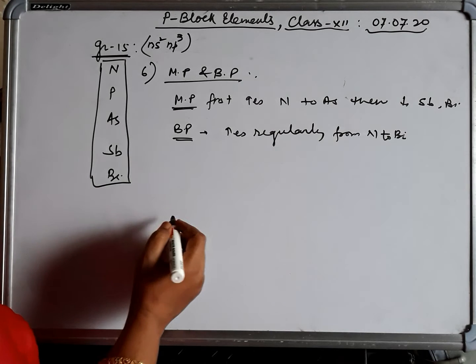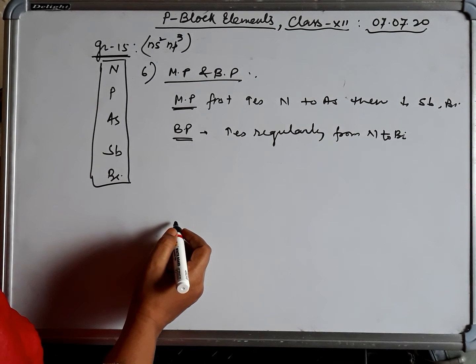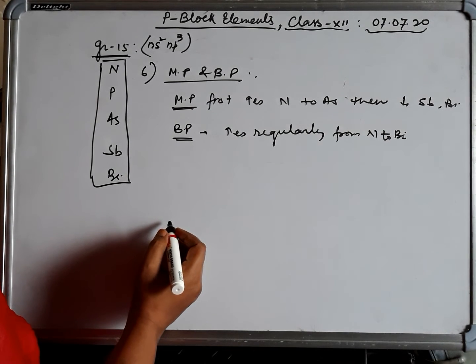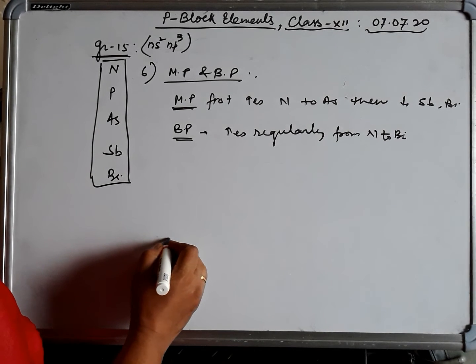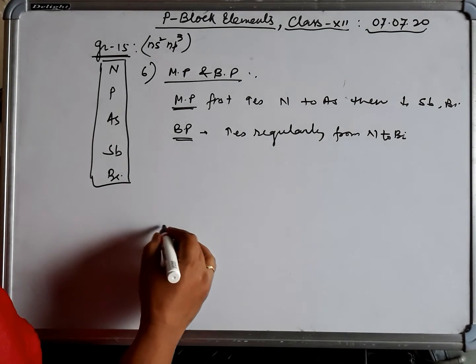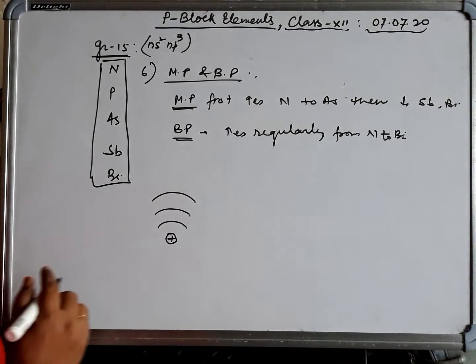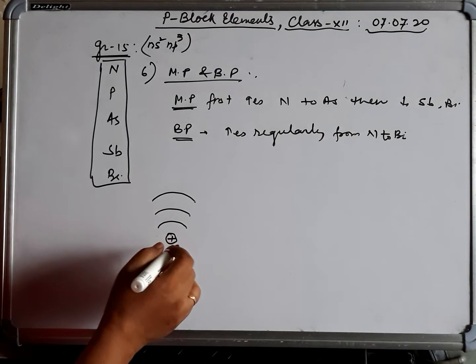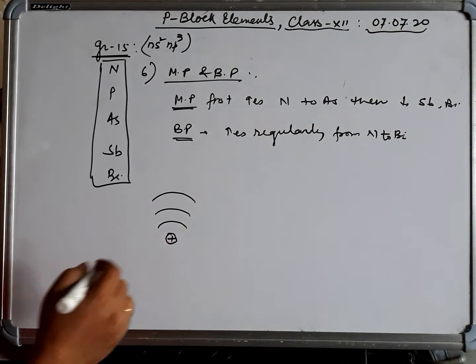Students, try to understand two terms thoroughly, the inert pair effect and the shielding effect. I have explained them a number of times, so try to understand. All the properties of atoms depend on these two factors.